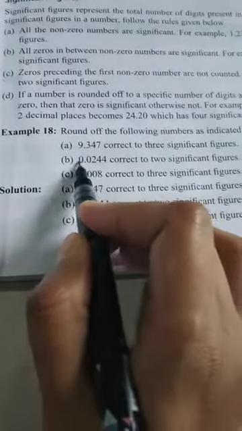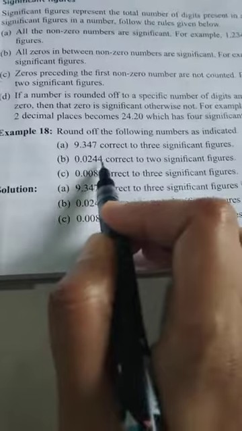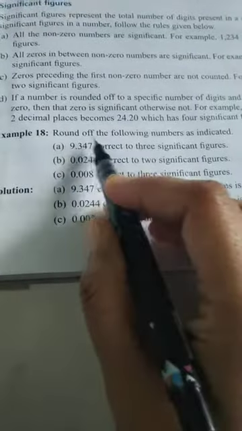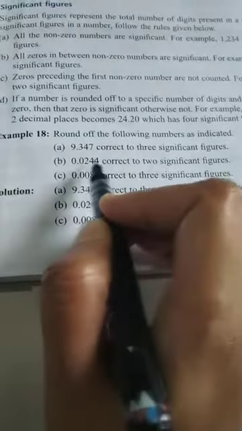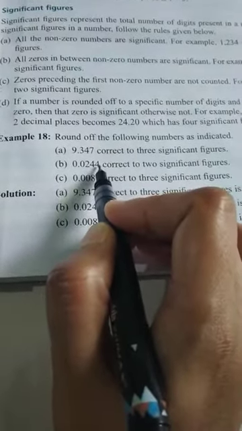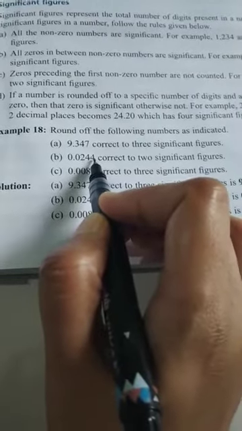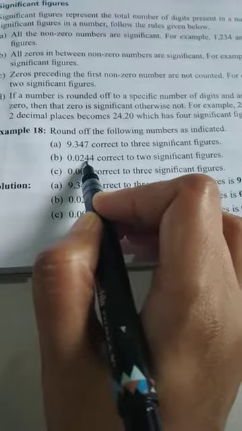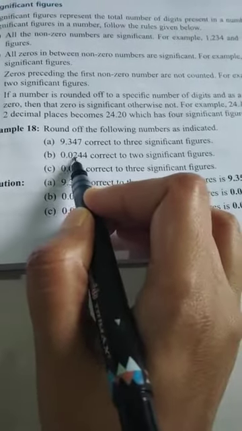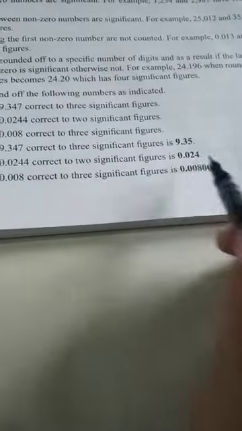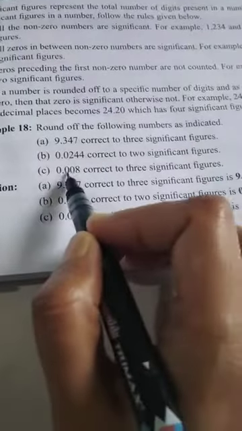But you have to round off correct to 2 significant figures, means 1, 2. Just after 2 digits, see what this is: 4. 4 is less than 5, so this 4 will not increase by 1. It will remain 4. So its answer will be 0.024. Got it?